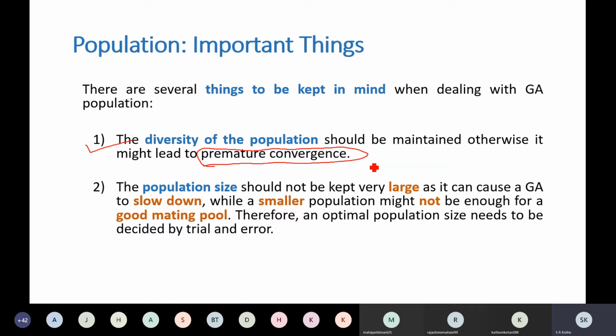Hurry up. Premature convergence, if diversity is not maintained, means what? What will happen?